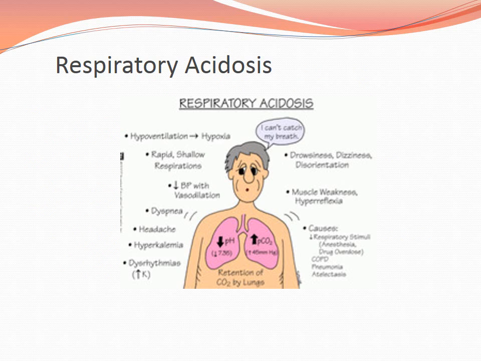So this just kind of tells you what respiratory acidosis is, okay? And in turn, you're going to see hyperkalemia. So you'll see decreased blood pressure with vasodilation, rapid shallow respiration, headache, and dysrhythmias due to potassium. So all these different alterations and changes.